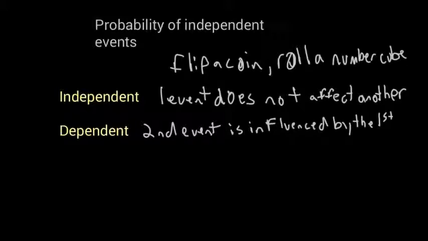So the coin has nothing to do with the number cube. You can flip the coin, you can roll the number cube. They're two separate events. One doesn't affect the other. If I get a heads on the coin, it has nothing to do with the number I'm going to roll on the number cube. So that's independent.